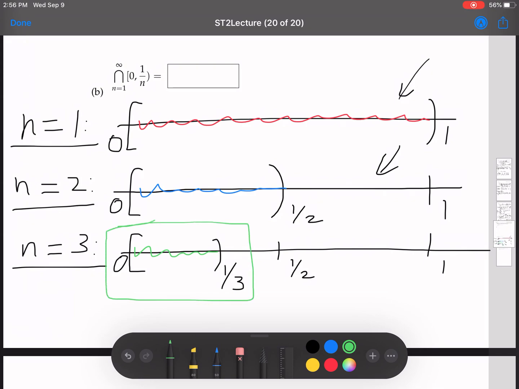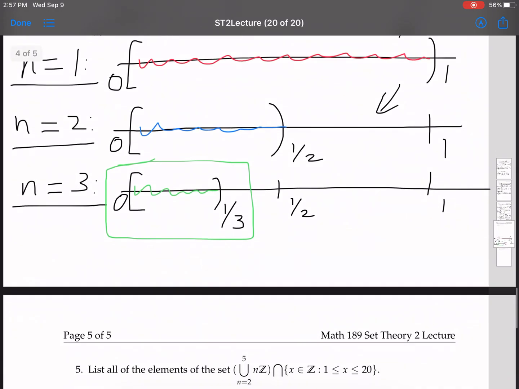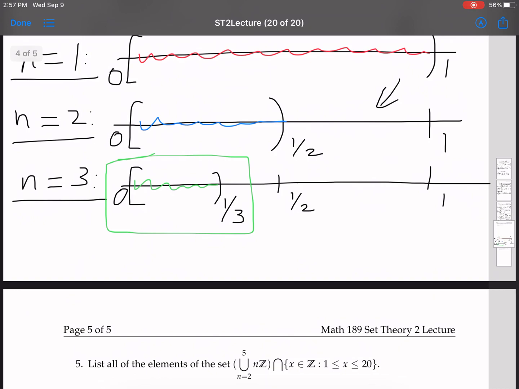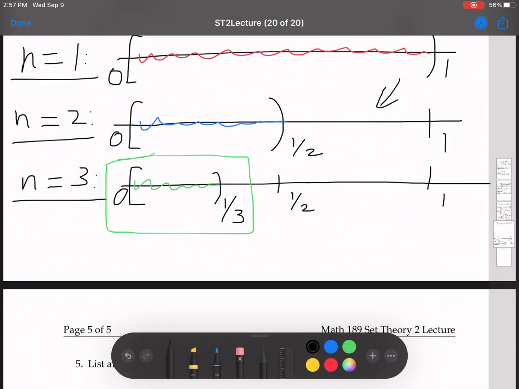Now look at what's going to happen when we go to the n equals 4 case.